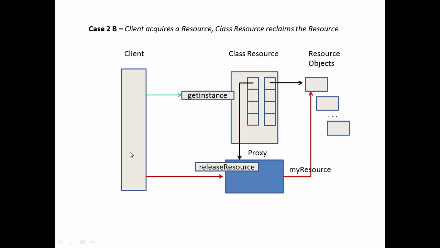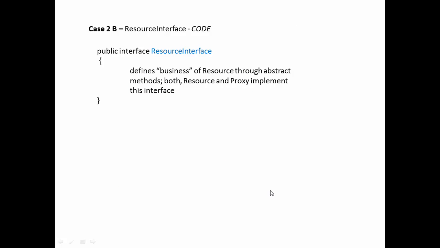We will probably get back to this picture. Again, please note that this object is known to the proxy by the name myResource, and we will see this in the code.